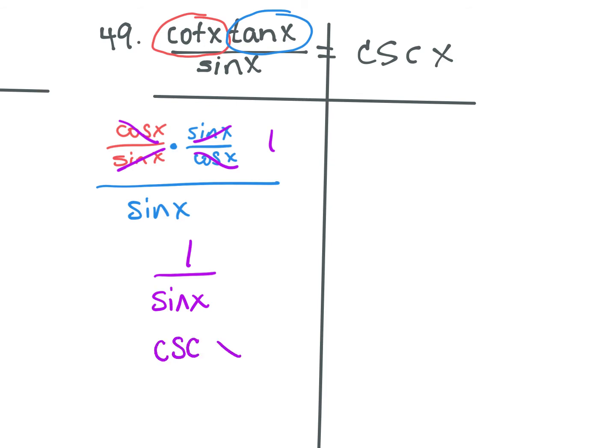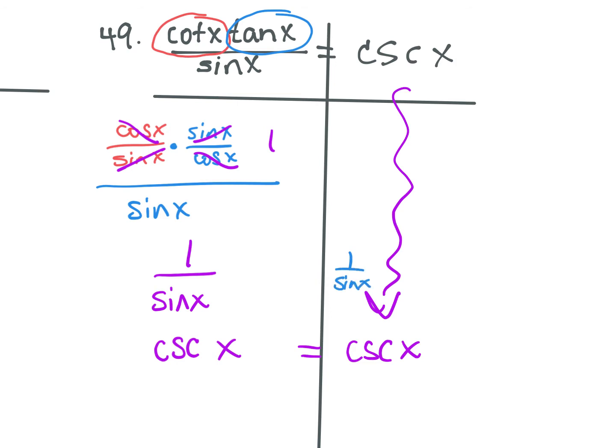Cosecant, which is what we have over here. You proved that cosecant x equals cosecant x. If you stopped one step above and said that I could change cosecant into 1 over sine of x, I would give you credit for that. Is that the most simplified? No, because 1 over sine is a fraction and you can simplify that. But if you got to this part right here, I would give you credit as well. Everybody understand that?